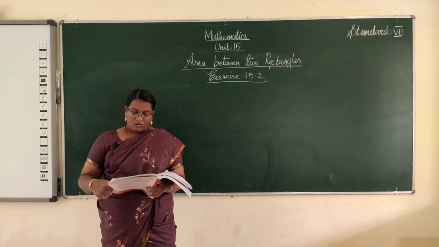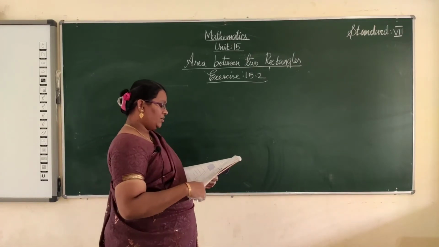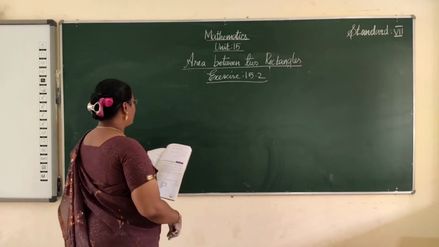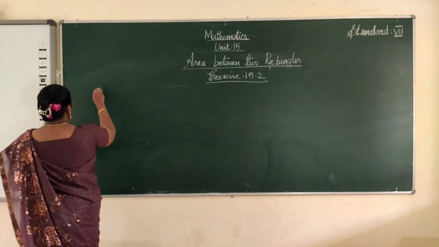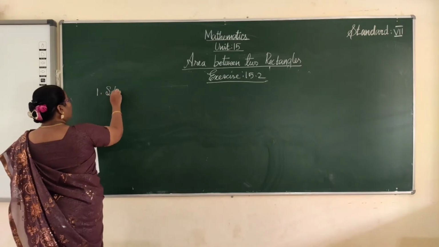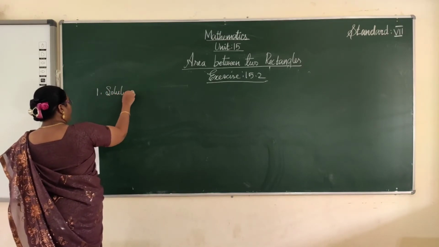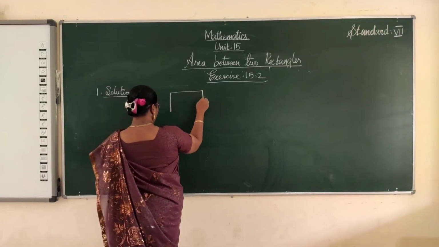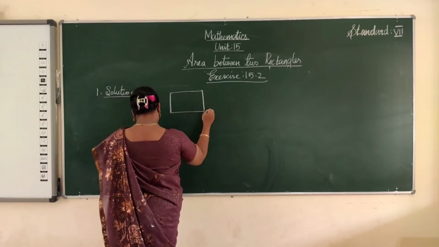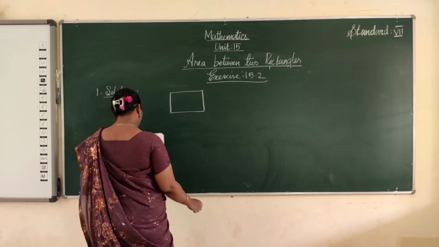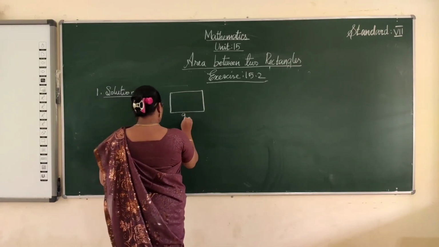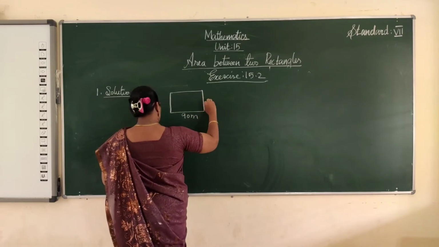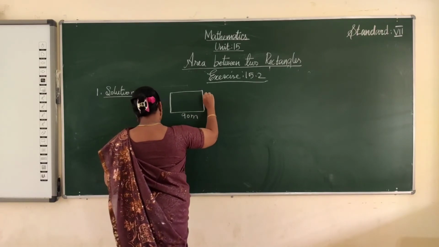So one garden is there. The length 90 meters and breadth are given. Broad means breadth. So let me draw a rough diagram for our understanding. This length is 90 meter and the broad is 75 meter.